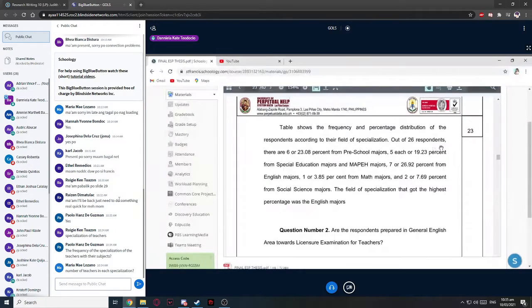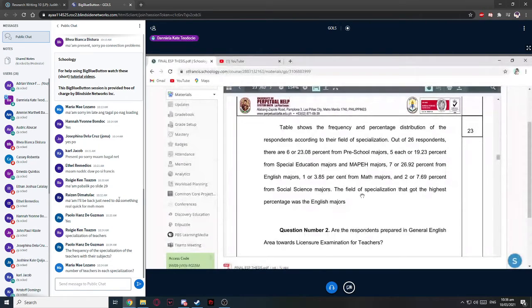Out of 26 respondents, there are 6 or 23.08% from preschool major, 5 each or 19.23% from SPED and MAPE majors, 7 or 26.92% from English majors, 1 or 3.85% from math majors, and 2 or 7.69% from SOCSI majors.